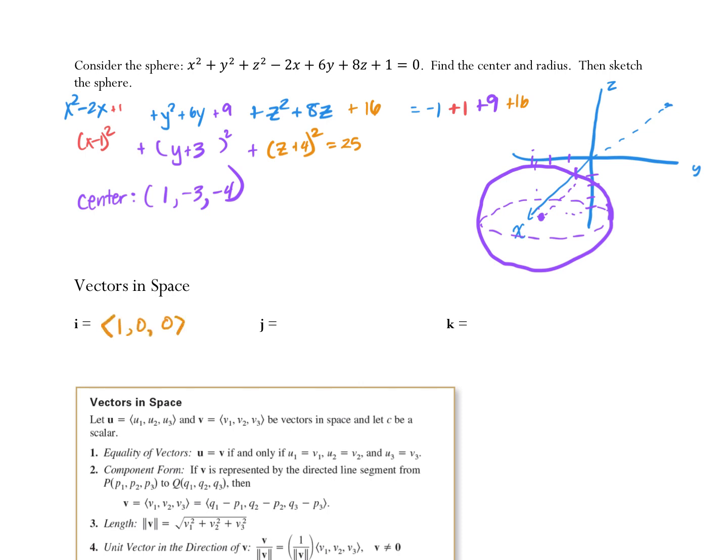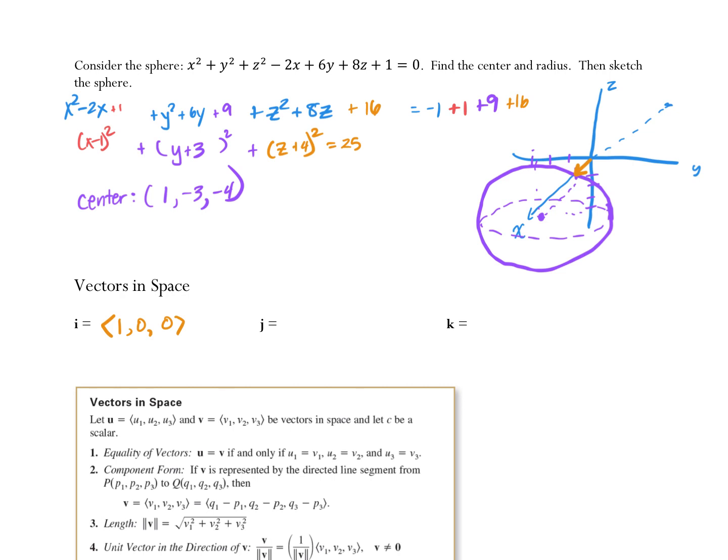Now it's (1, 0, 0) because it's only going one unit in the positive x direction, which would be the equivalent of this vector, the orange vector I drew in here. Is that okay? There are two k's now, but they're not the same k though.